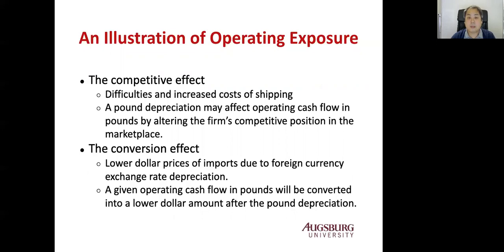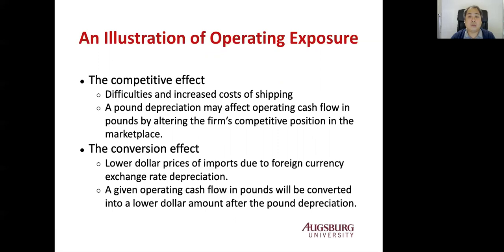So that's the competitive effect. The other is the conversion effect. The conversion effect basically lowers the dollar price of imports due to the foreign currency depreciation. So a given operating cash flow in pounds will be converted into lower dollar amounts after the pound depreciates. So if the pound is depreciated, you actually get fewer dollars.